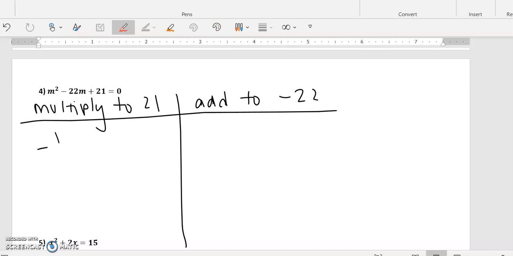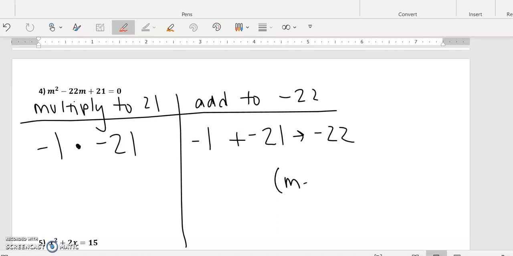Let's go with -1 times -21. That would be a +21. And -1 plus a -21 is -22. So our numbers are going to be m-1, m-21 equals 0.